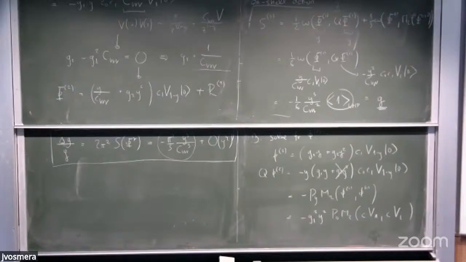So I'm assuming that the UV CFT which I'm starting with comes in a family, which can be parameterized by this parameter Y. And in that family, I'm able to identify a particular operator which is parametrically close to marginality in that parameter Y, right?